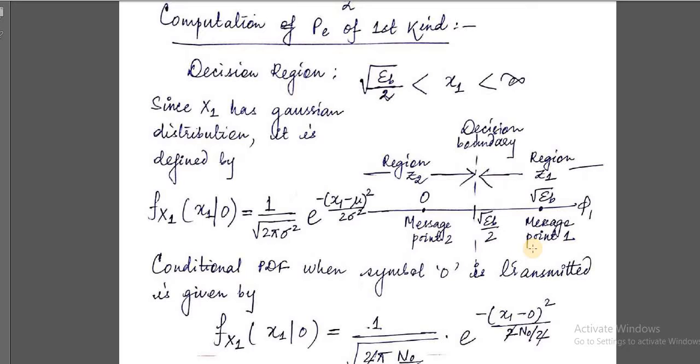But if a 0 is transmitted at the transmitter, but I take a decision in favor of binary 1, then there is an error occurring, because 0 is transmitted, but the decision at the receiver says that 1 was transmitted, which is a wrong decision. So the probability of error is the probability of making an error. Under what condition we can make an error, we will see.